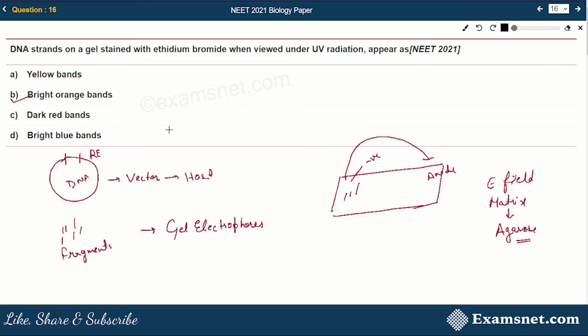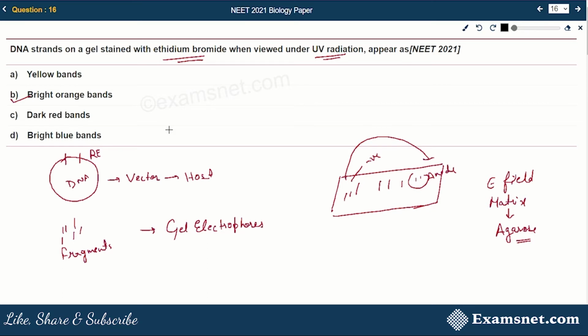Now once the DNA is separated on the basis of size, that means the smaller the DNA, the farther it will move. Once we get the separated DNA, these can be visualized only by staining them with a special compound known as ethidium bromide and then exposing them to UV radiation. Why? Because we cannot see pure DNA fragments in visible light.